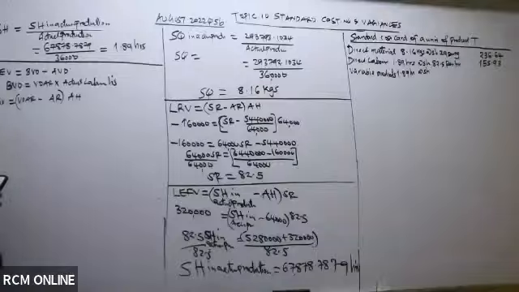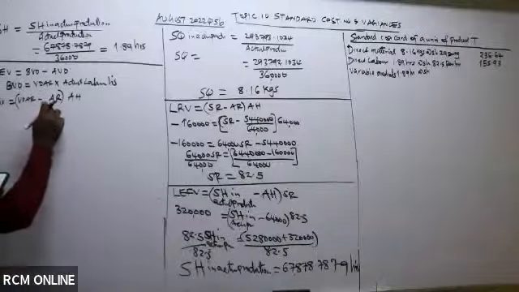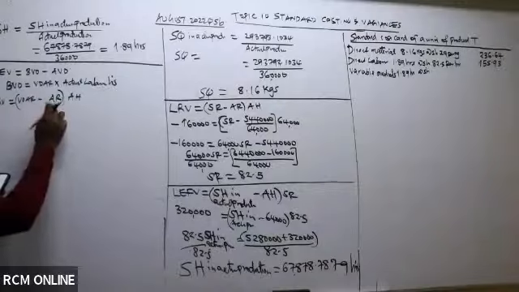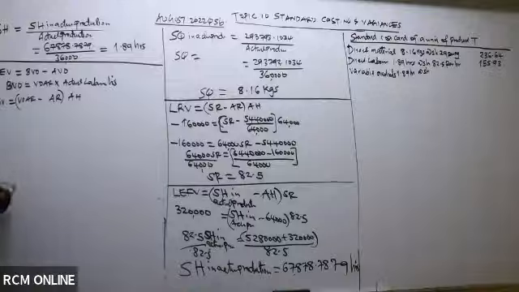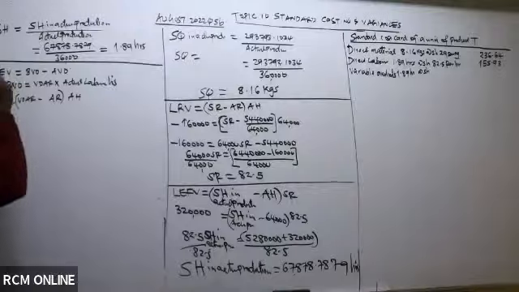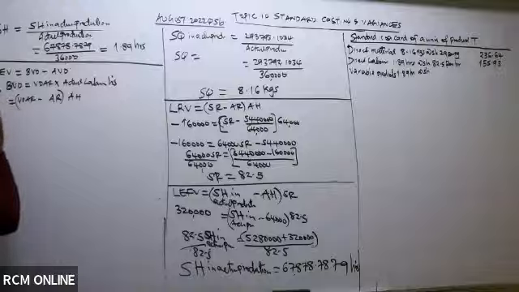Great. So let's see. Variable overhead expenditure variance is the same thing. We have to talk about variable overhead expenditure variance.